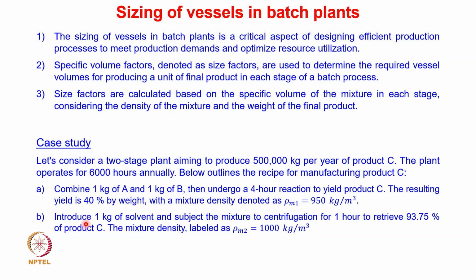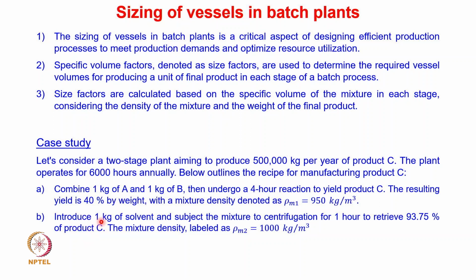Here the recipe for the production of C is: combine 1 kg of A with 1 kg of B, then undergo a 4 hour reaction to yield product C. The resulting yield is 40% by weight. So of the total weight, 40% is the product C, with a mixture density after stage 1 of 950 kg per meter cube.